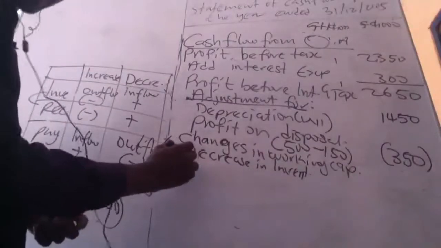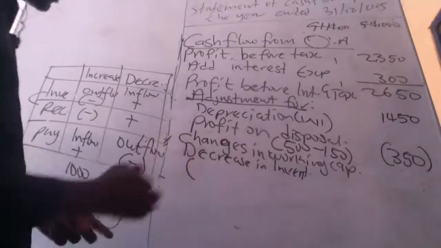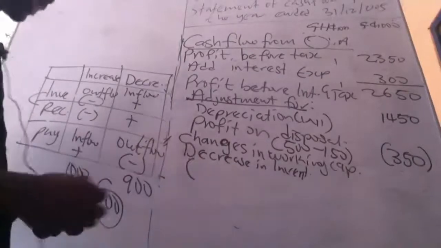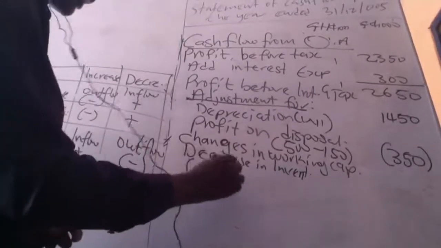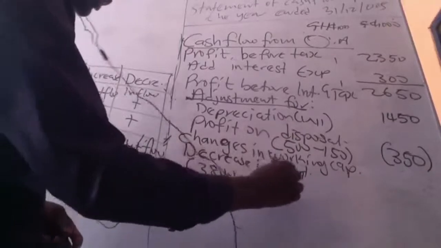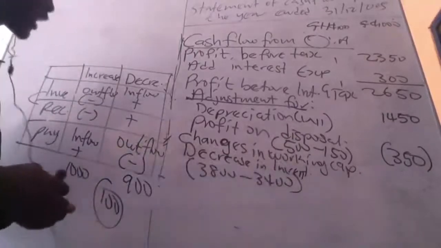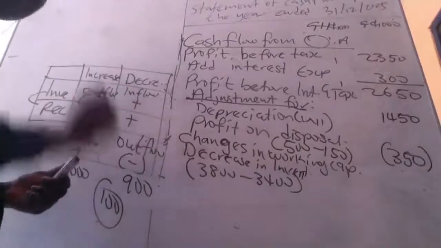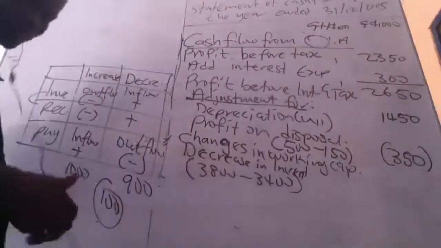Now open your bracket here. Once you say decrease, it doesn't matter which one comes first. It was 3,800 less 3,400. Once you know it is a decrease, what matters is you are finding the difference.